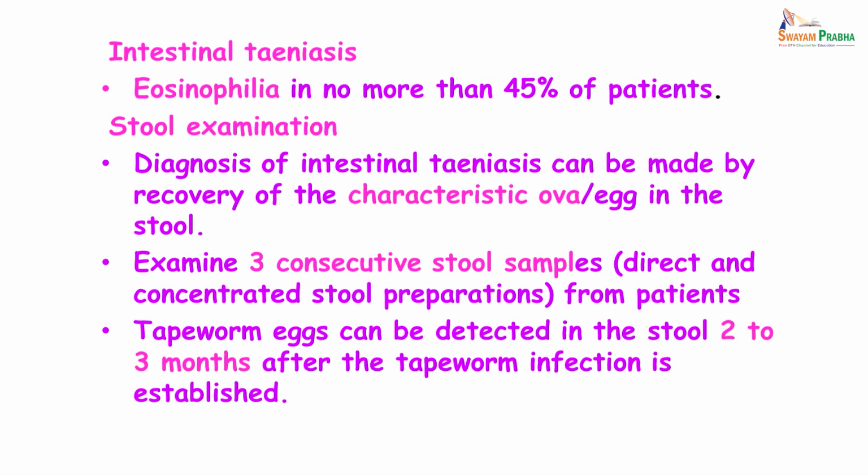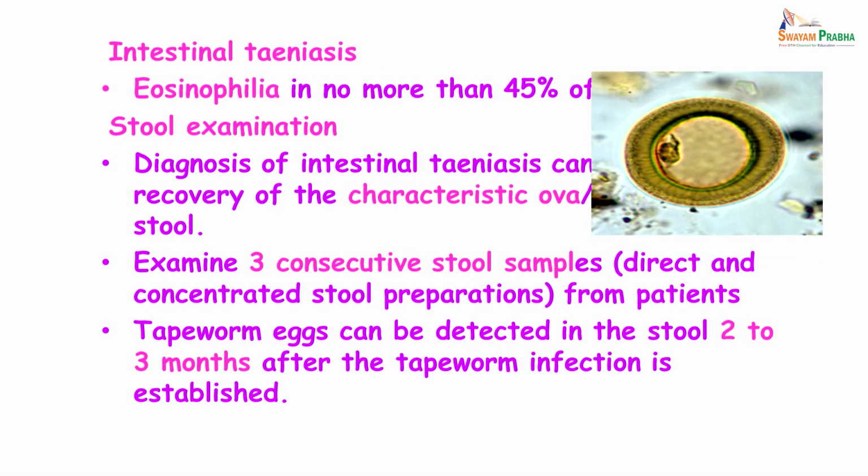You look for the characteristic ova or eggs in the stool, but you have to ensure that you collect at least 3 consecutive stool samples if you do not see it in the first sample. You may need to do concentration methods, and the tapeworm may rarely be detected in the stool 2 to 3 months after the tapeworm infection has been established.